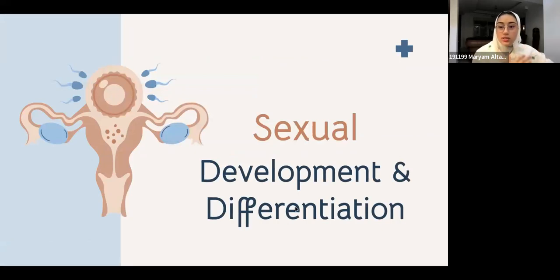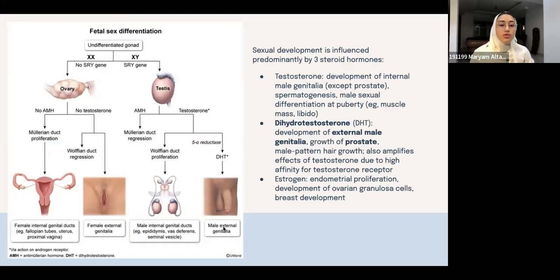So first, let's take it back to pregnancy, when you're determining whether or not this baby is a male or a female. What is going on there? What is happening? So you have your fetal sexual differentiation. Now we know the main thing, males are 46XY, right?